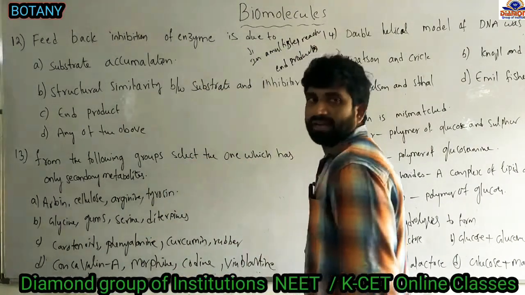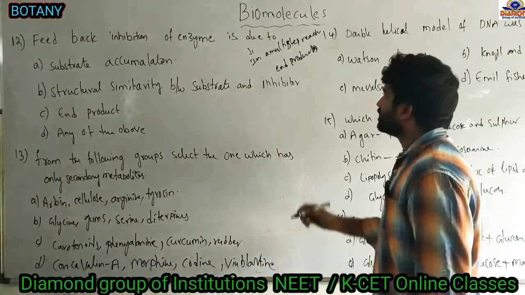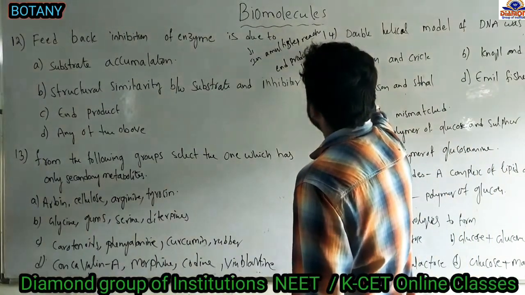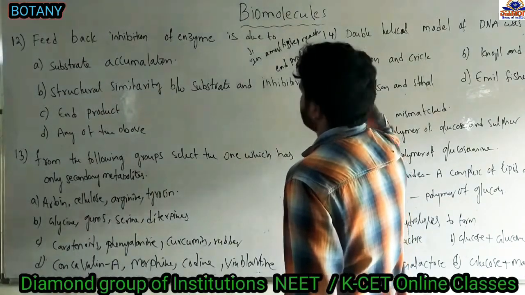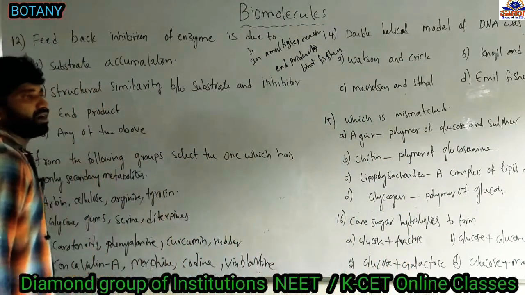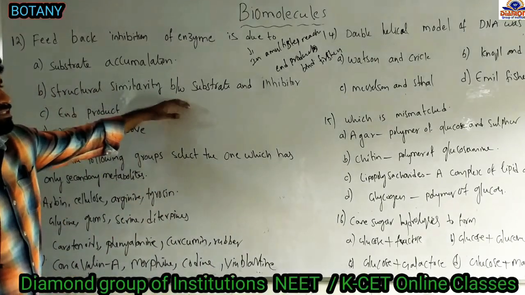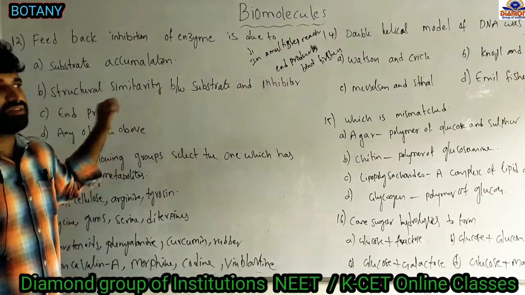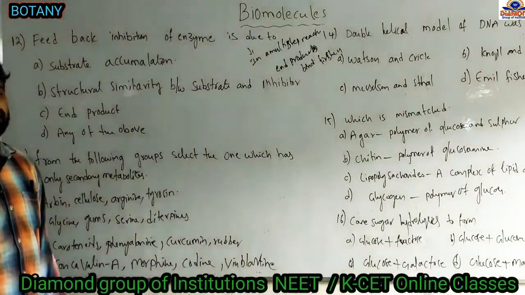In a multi-step reaction, end products can block the first enzyme. That is called feedback inhibition.